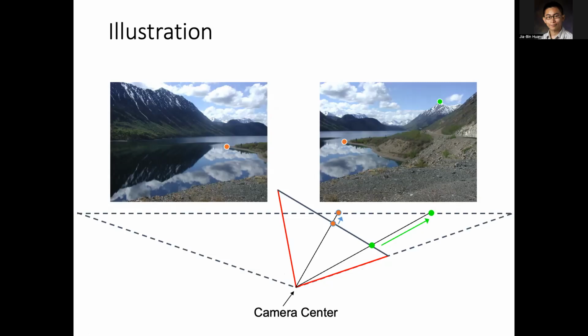Can you also translate the camera, instead of just rotating, and still stitch? No. You can try it with your cell phone panorama app, and you will find that if you translate the camera while capturing, the stitching will not be great.